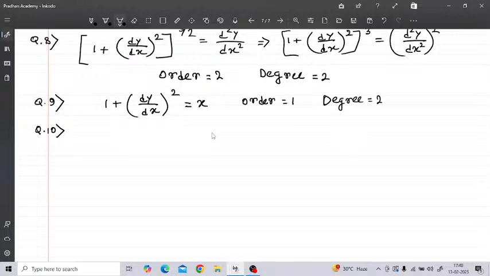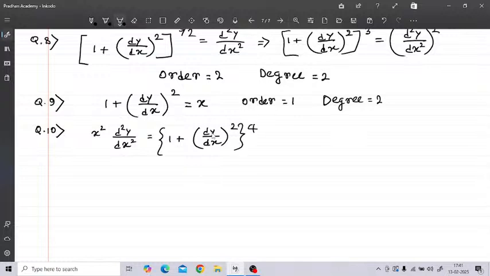Now question number 10. Find the order and degree of this differential equation: x square d2y/dx2 equals (1 + dy/dx) whole to the power 4.